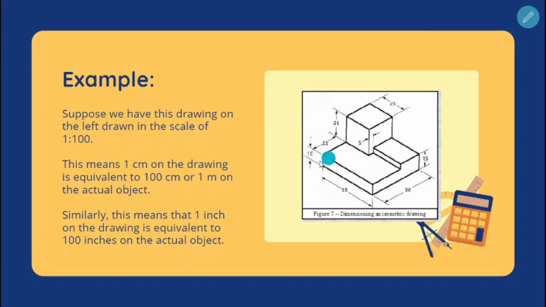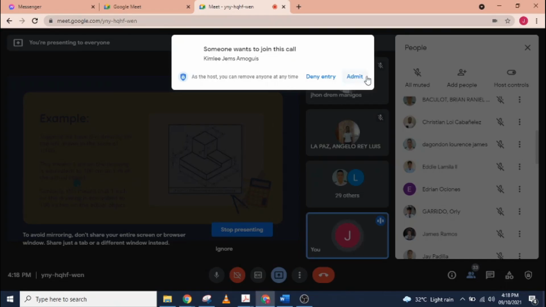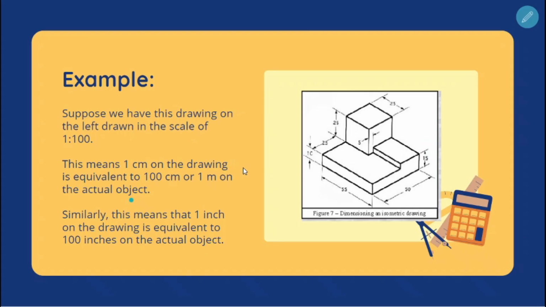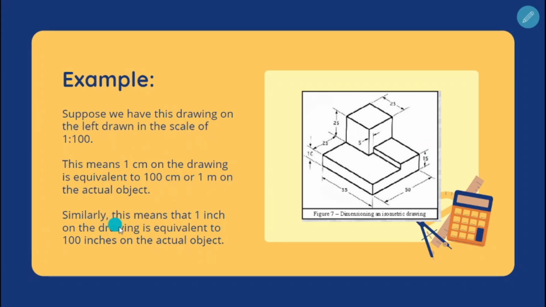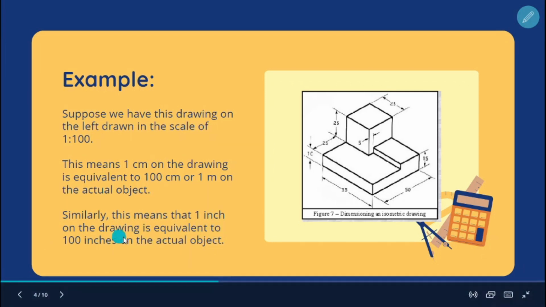For example, if this is 25 centimeters, it is equivalent to 2,500 centimeters on the actual object. Similarly, 1 inch on the drawing is equivalent to 100 inches on the actual object, because our scale is 1:100.